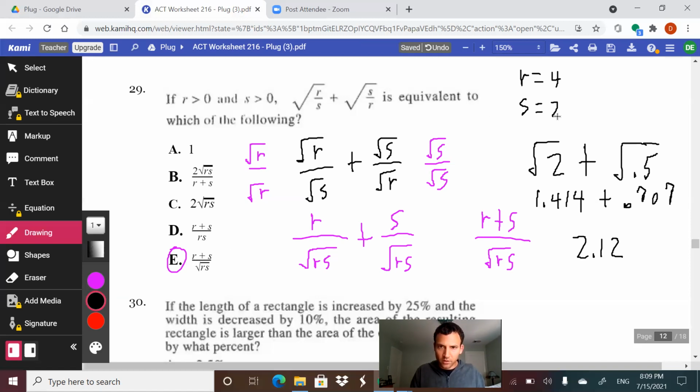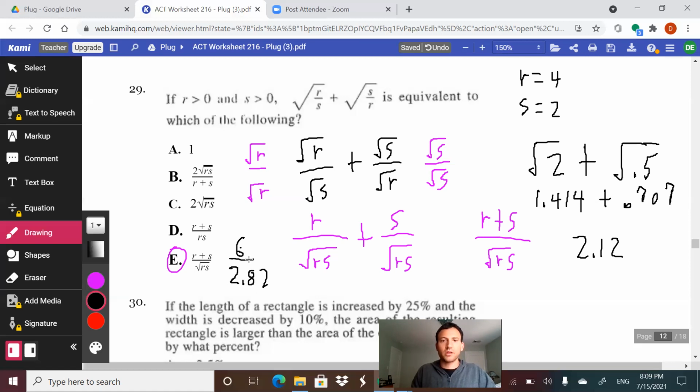4 plus 2 is 6 over, let me reevaluate the square root of RS, square root of 8. Oh, I'm being really silly. The square root of RS is 2.82.